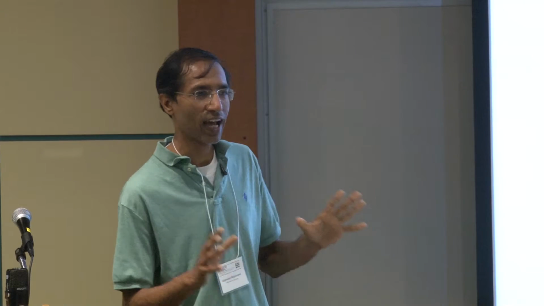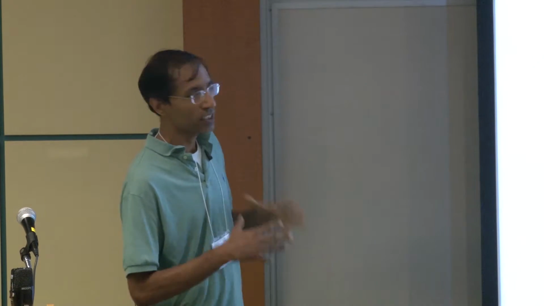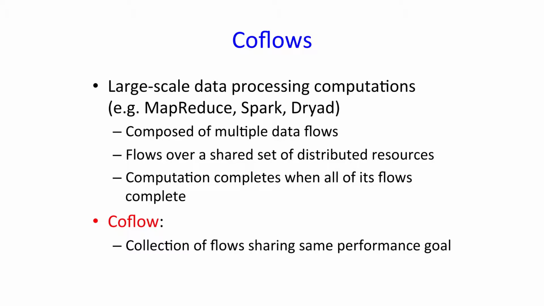OK, so let me introduce the motivation for this. As we are trying to bucket people and talks into various categories, this is an algorithms talk. And the motivation for this problem is this notion of coflows.